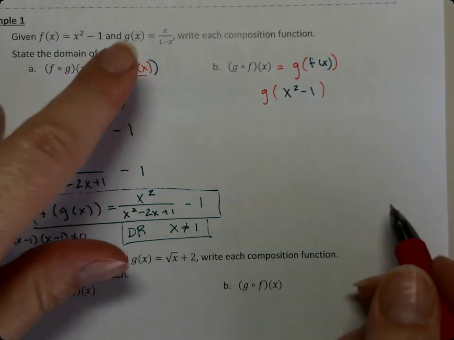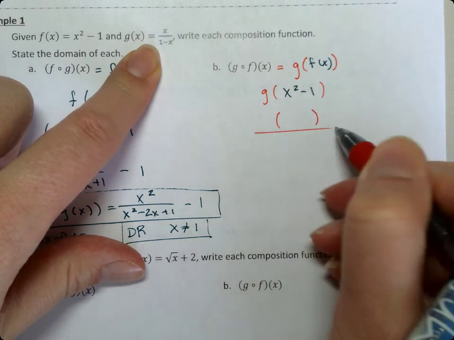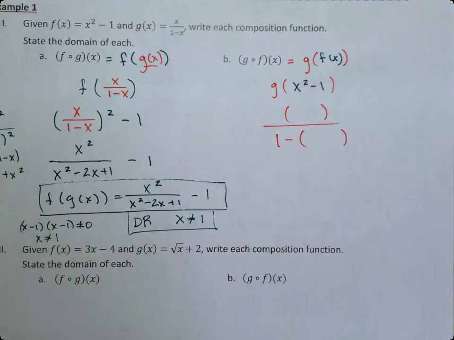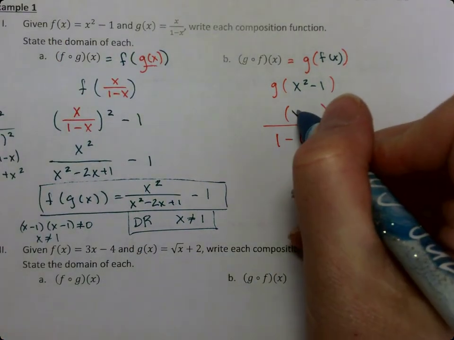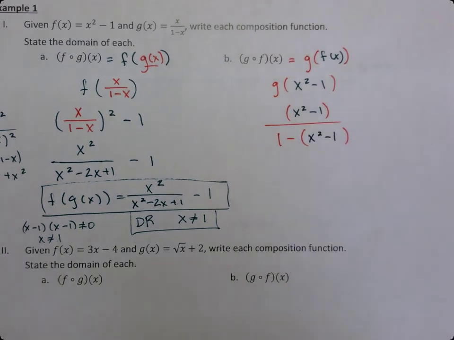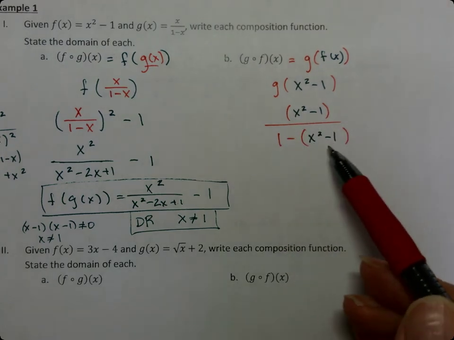And so I'm going to rewrite my function g of x with parentheses. So that's going to be x over 1 minus x. The parentheses are important here. And everywhere there's an x, I'm replacing it with x squared minus 1. Okay, so we need to clean this up. Anything we can do for this? No, you cannot get rid of these because can you take it out of all 3 terms?